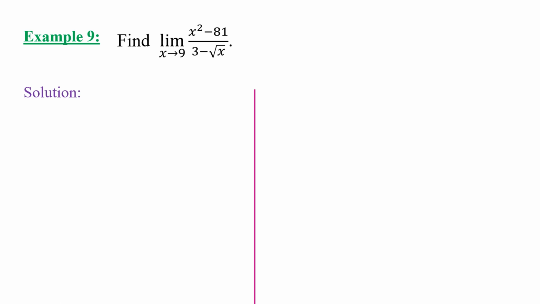Example 9. Find the limit as x approaches 9 of x squared minus 81 over 3 minus square root of x. We directly substitute the value of x with 9 and we get 0 over 0. This is indeterminate form. We need to do something in order to evaluate the limit.